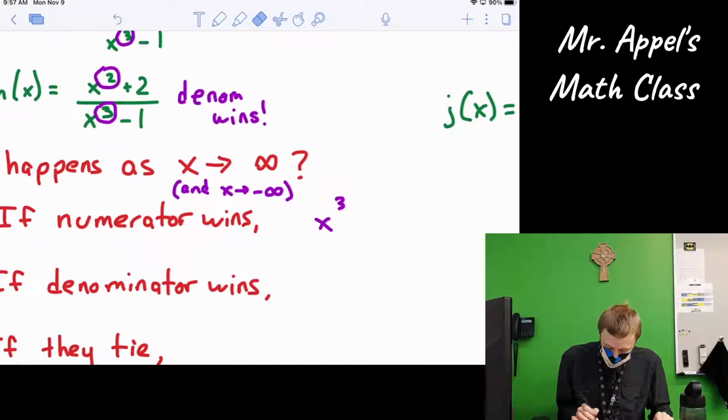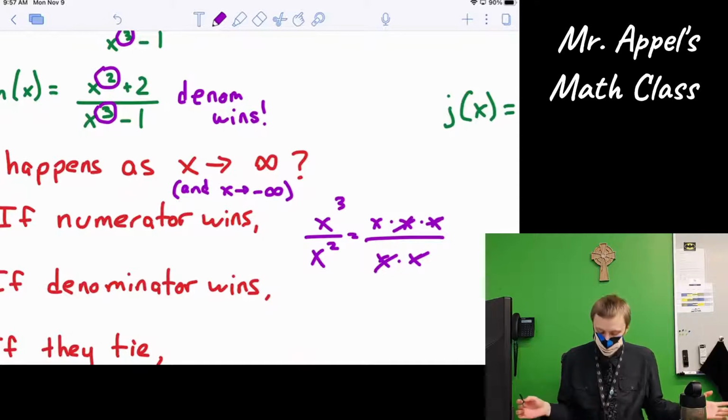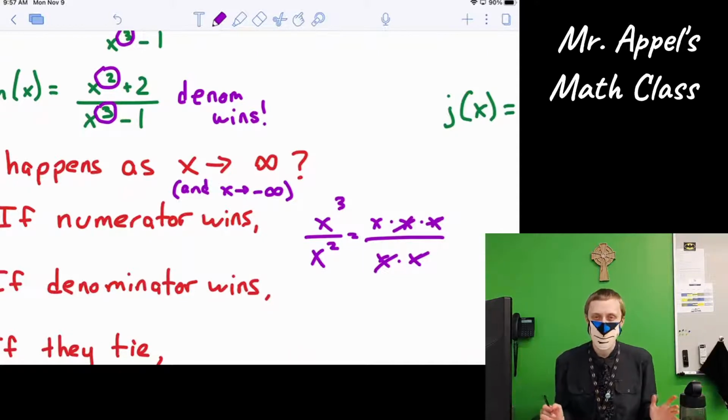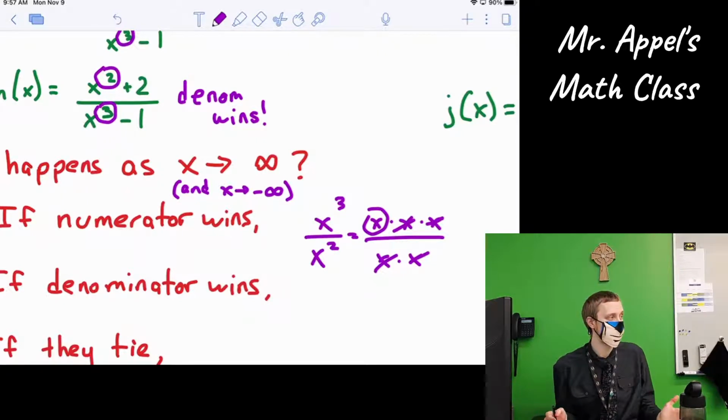So what we're saying here is, what is 1,000,000 cubed divided by 1,000,000 squared? Remember your rules of exponents. Those extras cancel out, reduce, and you're left with just the one value there. Pretty nice.